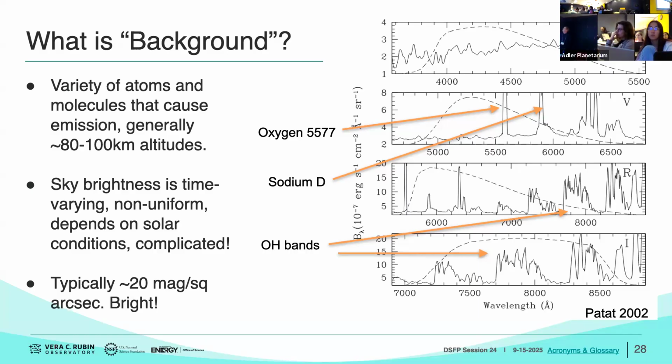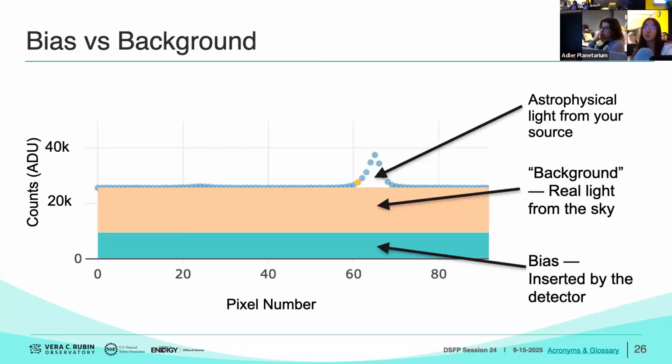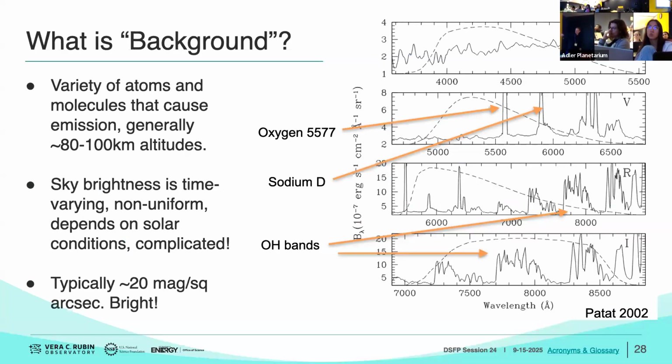We have bright sodium lines, oxygen lines, and OH making these low vibrational bands. All of this light is the dominant thing that we're seeing in our images. There's a lot of it. 20 magnitudes per square arcsecond is a rough number to hold in your mind. That's brighter than the structures that we're actually trying to observe.